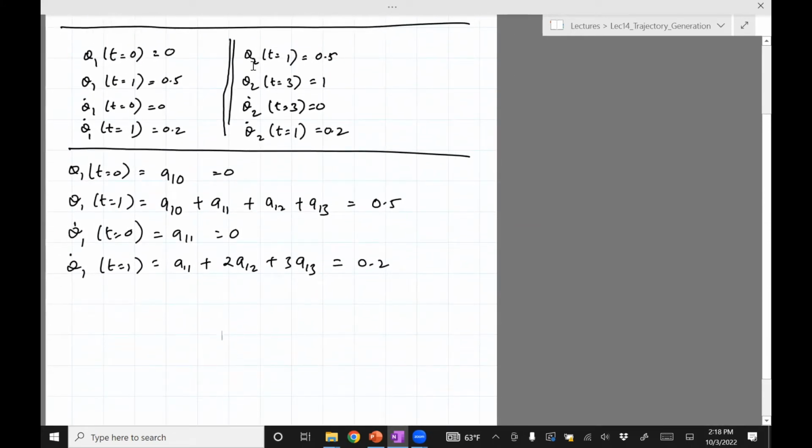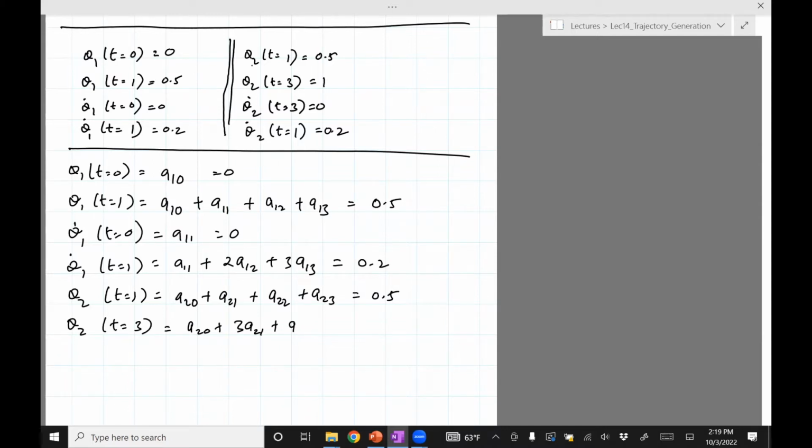Okay, next we go to theta 2. Theta 2 at t equals 1 equals a20 plus a21 plus a22 plus a23 equals 0.5. Theta 2 at t equals 3 equals a20 plus 3 times a21 plus 9 times a22 plus 27 times a23 equals 1.